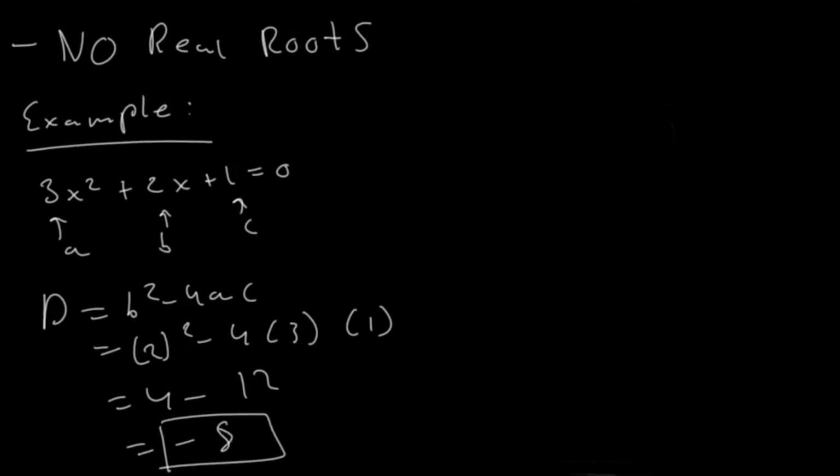So in this case, our discriminant is less than 0, so therefore our quadratic of 3x squared plus 2x plus 1 will have no real roots.